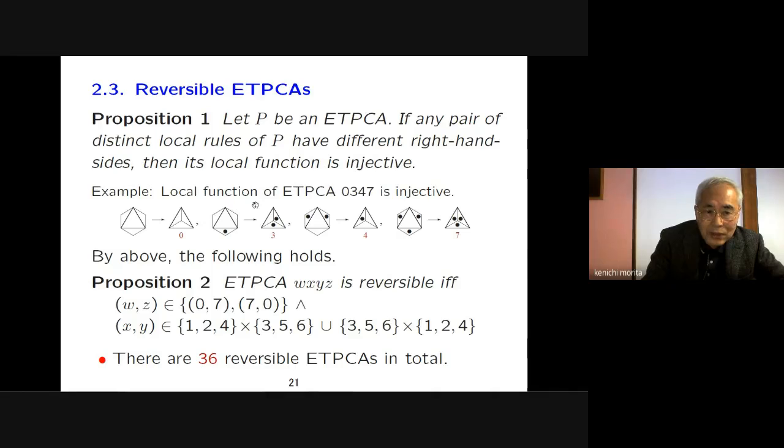Actually, the local function of ETPCA 0347 is injective, since no pair of distinct rules have the same right-hand side. For example, ETPCA 0337 is not injective, therefore not reversible. But 0347 is injective and thus reversible.